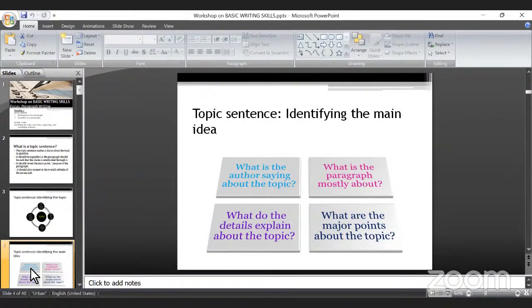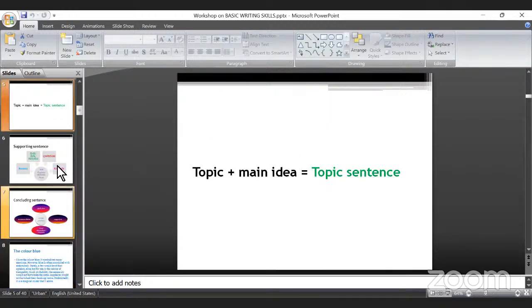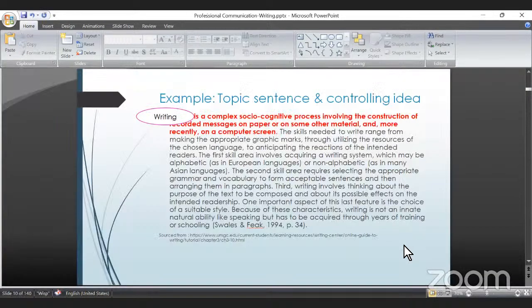What are the major points about the topic? All of these questions will point you towards your controlling idea or the main idea of the paragraph. Understand this? This is just about the identification part, but I'm sure most of the time, even without that, everybody is able to make out this connection, right?